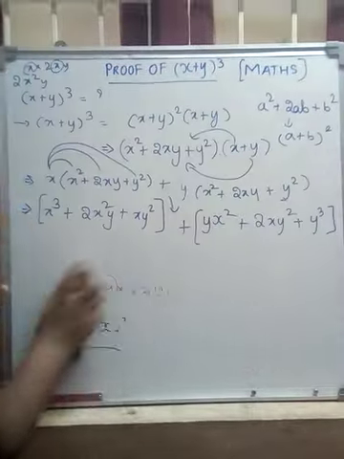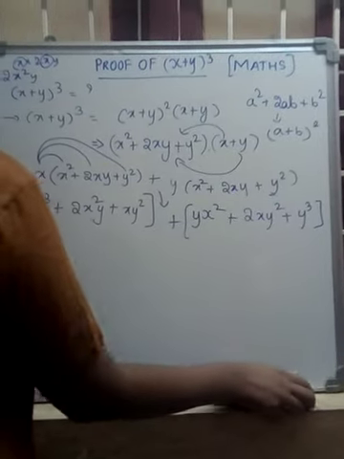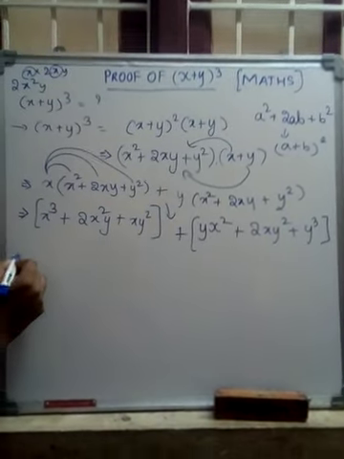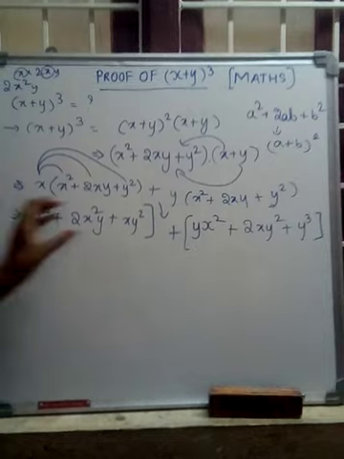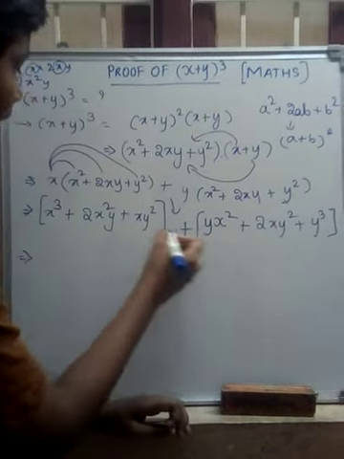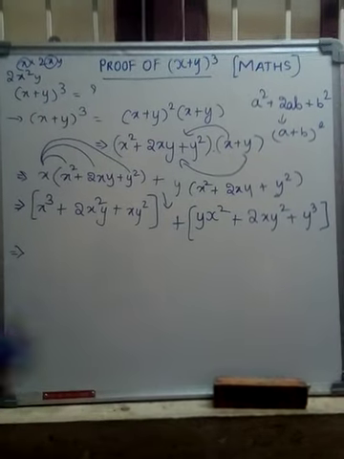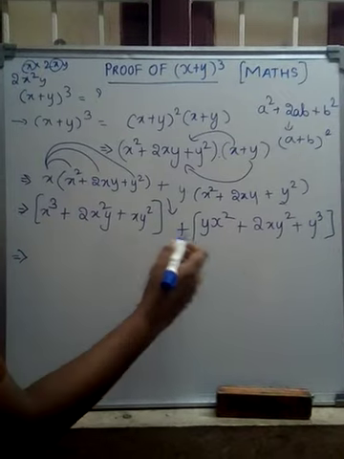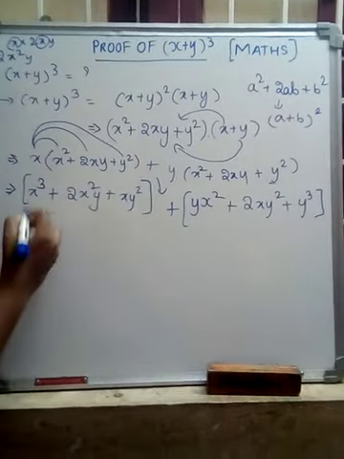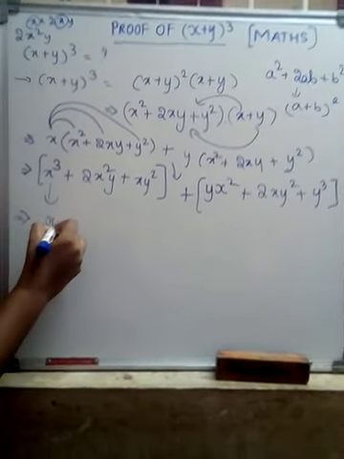Yeah, the next step will be you have to add all. Since there are all addition symbols, you have to add. x cube, there is no other x cube to add, so write it as it is, x cube.